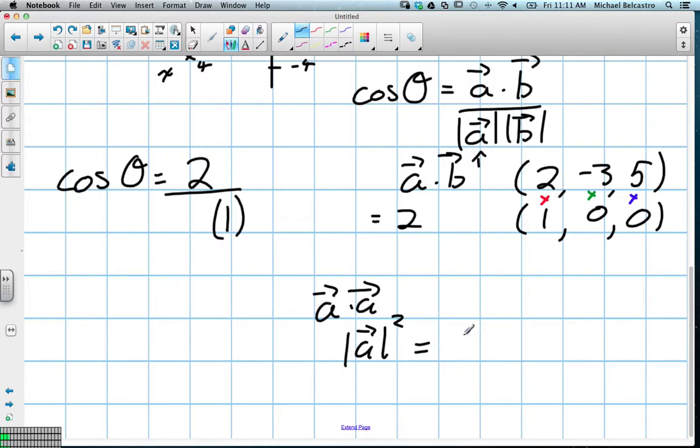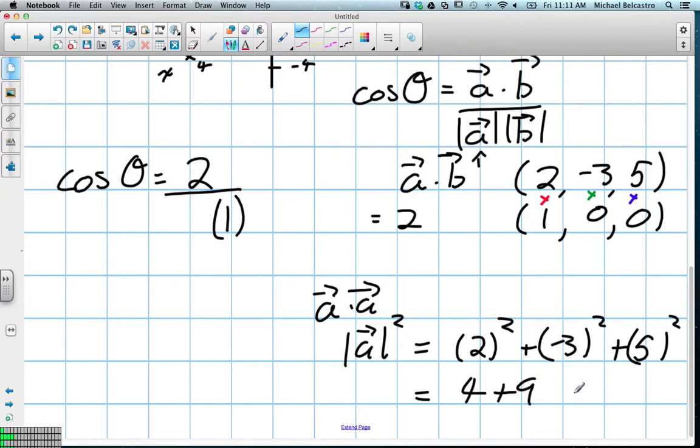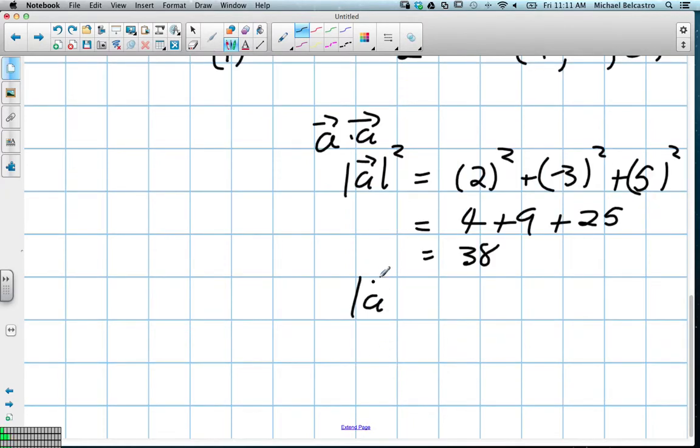So we take 2 squared plus negative 3 squared plus 5 squared. We get 4, 9, and 25, which gives us 38. So the magnitude of A is root 38 in this case.